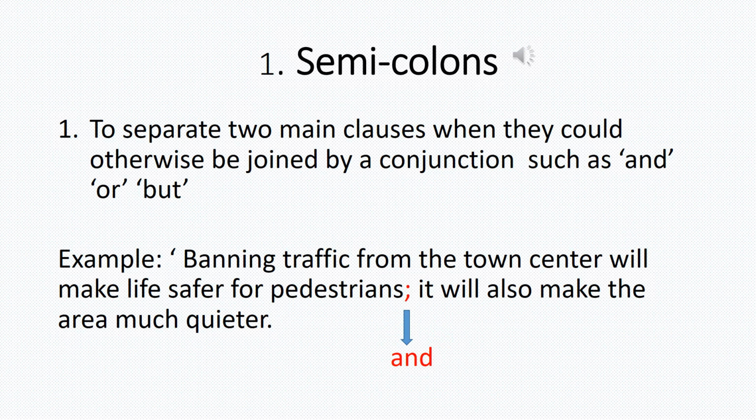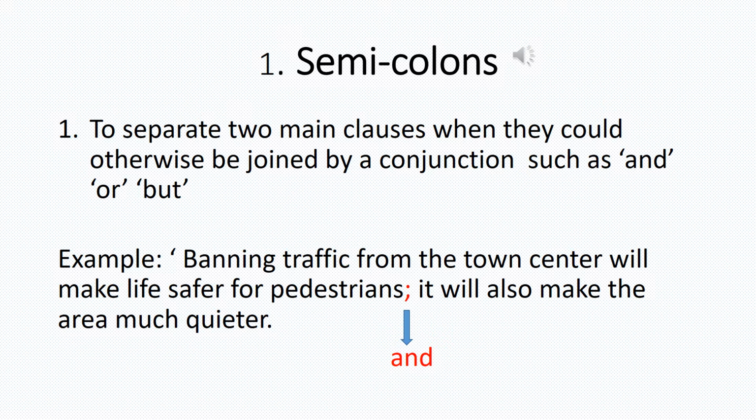Colons and semicolons both are used to separate clauses. Okay, so suppose you are writing a sentence using and, or, or but, and you are using these conjunctions many times.